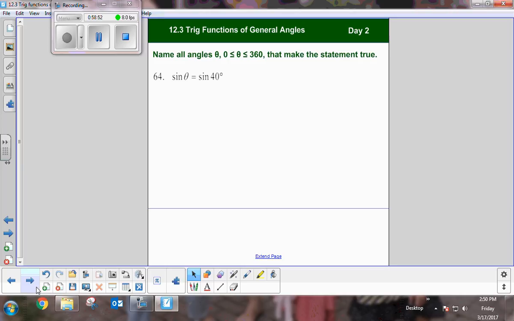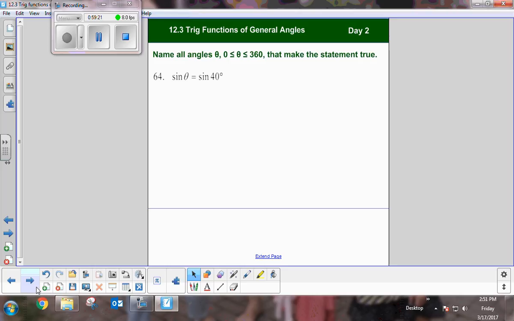Sine theta is the same as sine of 40 degrees. Any ideas here? I've been dealing a lot with where things are positive and negative. Sine of 40 degrees, is that positive or negative? Positive. It's first quadrant, right? Everything's positive in the first quadrant. So where else will sine be positive?